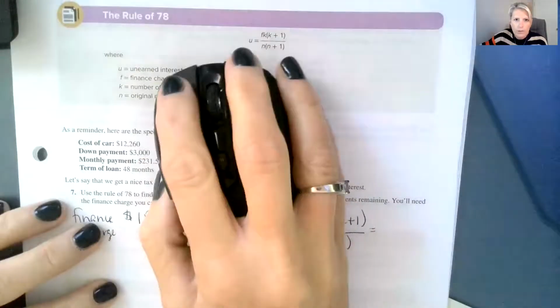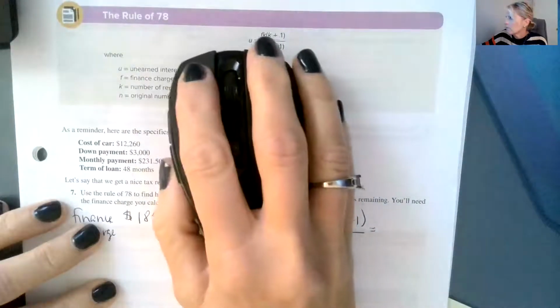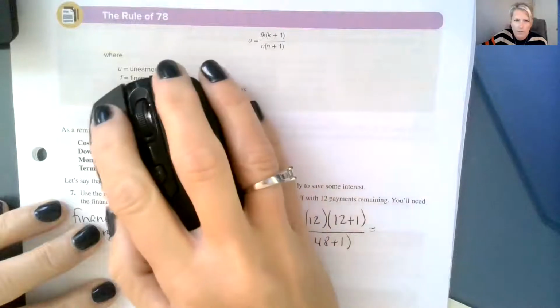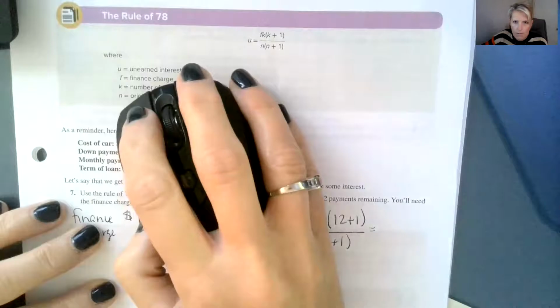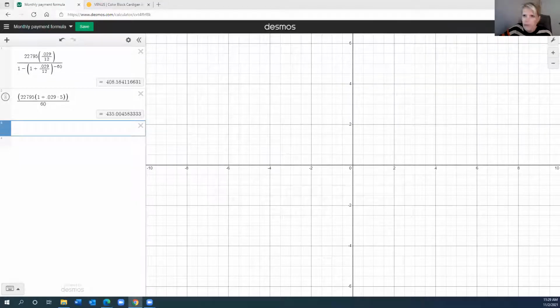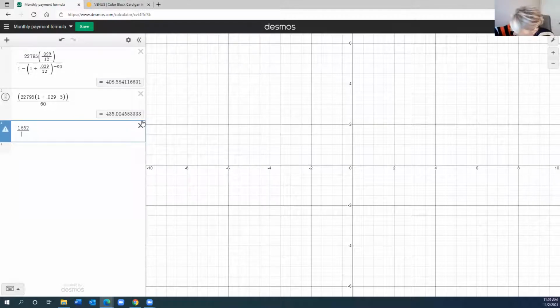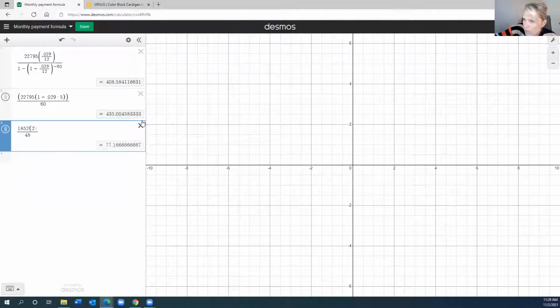Let's go ahead to decimals here. We're going to type in 1,852. Then 12, and I'm going to type it just like I have it written on my paper, but you could just do 12 and 13.